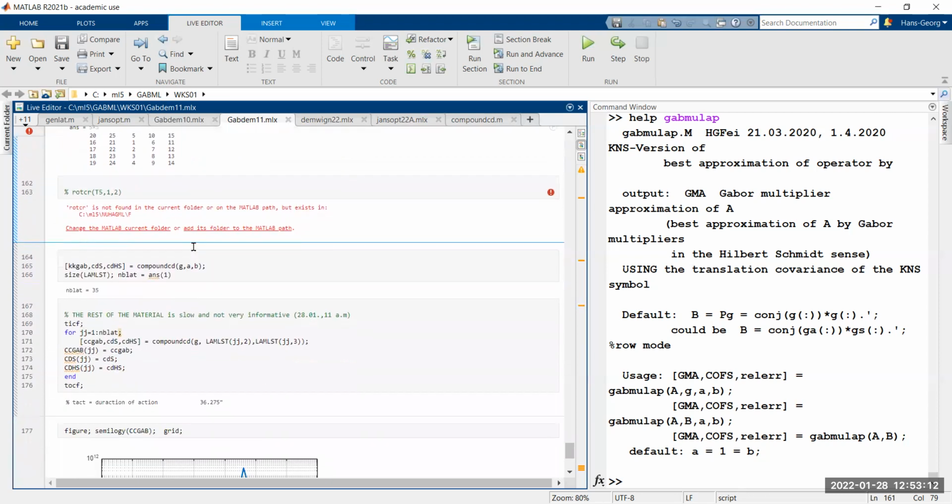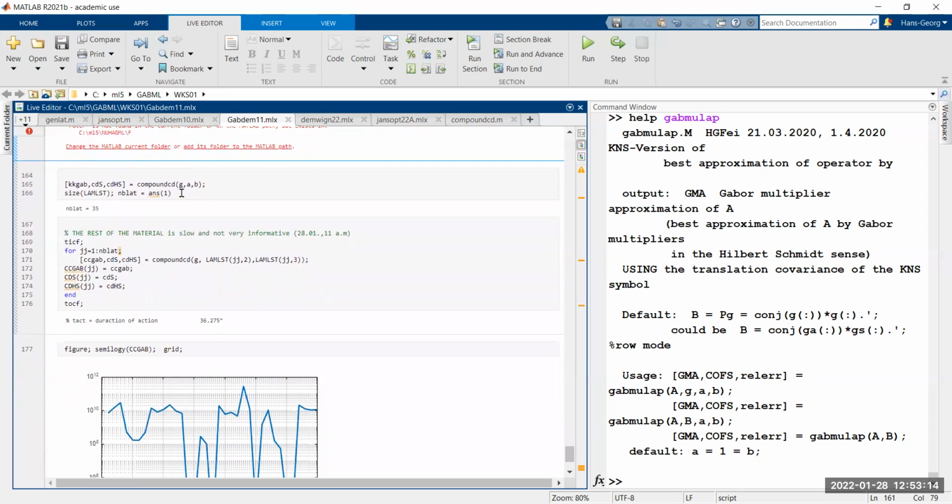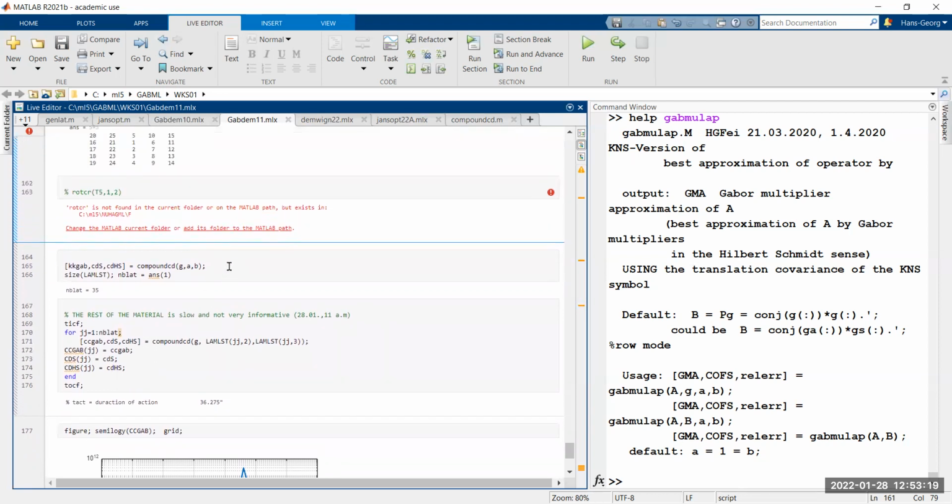So just to indicate the idea of the compound condition number, here I got stuck with my quick preparation, is to say, well, what is a good Gabor family? Well, a good Gabor family is a family which allows us to approximate good operators, namely the so-called underspread operators, by a Gabor multiplier.